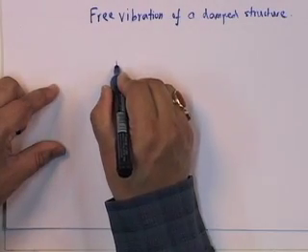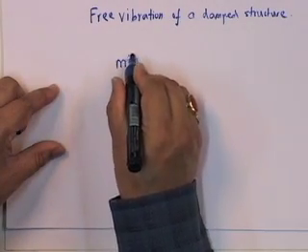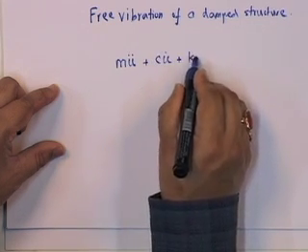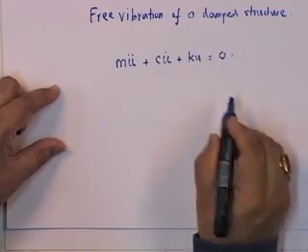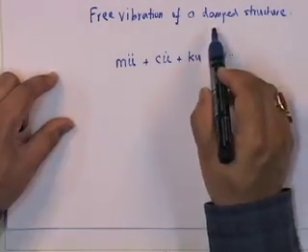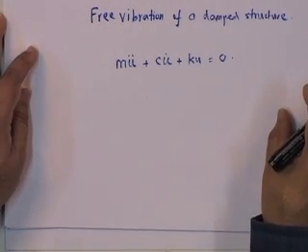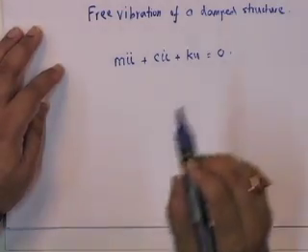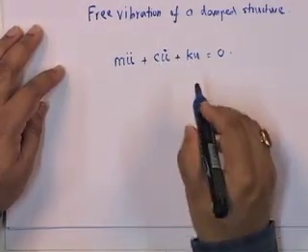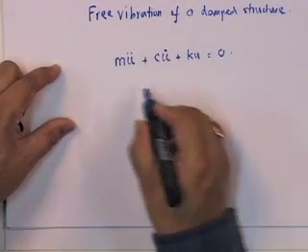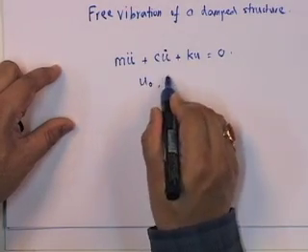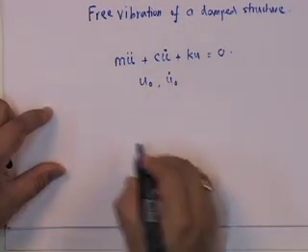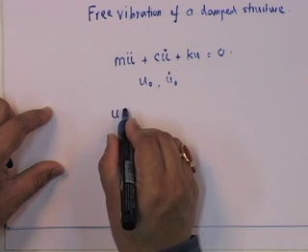Then the equation becomes m u double dot plus c u dot plus k u is equal to 0, and understand that this is a viscously damped structure. So, the model that we are using for the energy loss is the viscous damping. So, now again this is to be solved for initial displacement and initial velocity. How do we solve this? Well, we go through the same process.